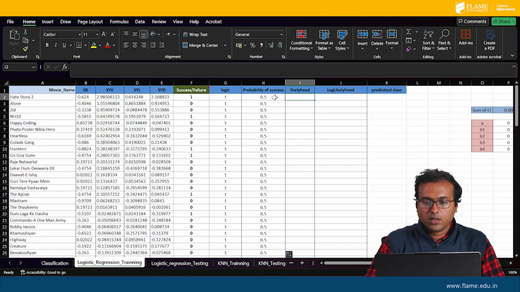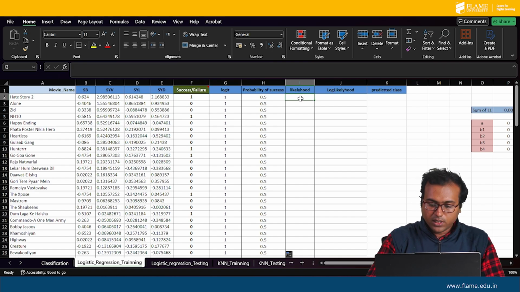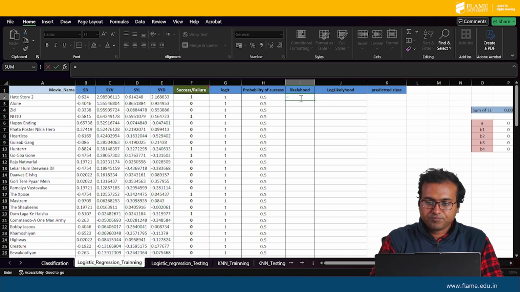Now, what is the likelihood? Likelihood is that if I want to get that 1, then based on the probability, what is the likelihood of that particular 1? So, chance of getting 1 based on the probability. So, here we will be using the if function or if formula.